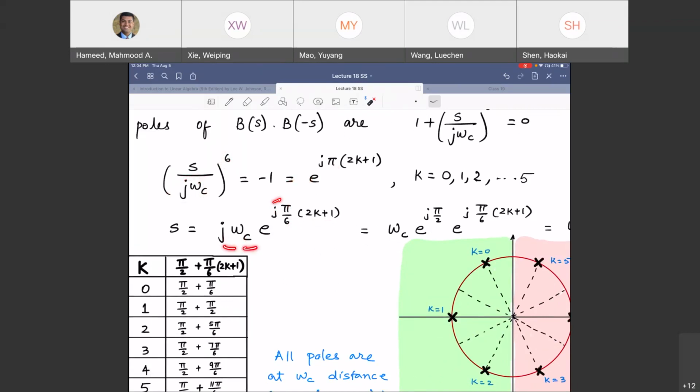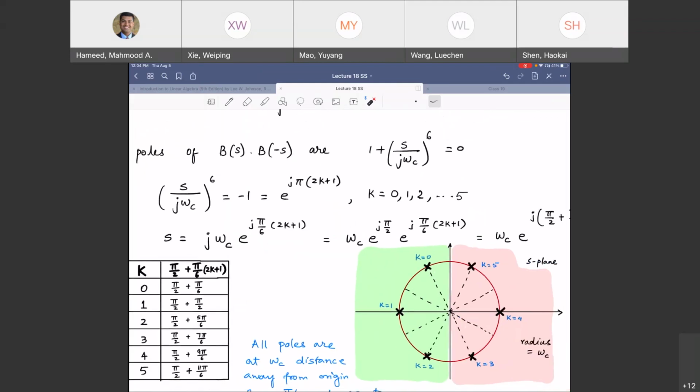J omega c with this complex exponential, omega c being the cutoff frequency. Next, j can be written as e to the j pi over 2. Omega c is written as is, and e to the j pi over 6 odd multiple written as is.